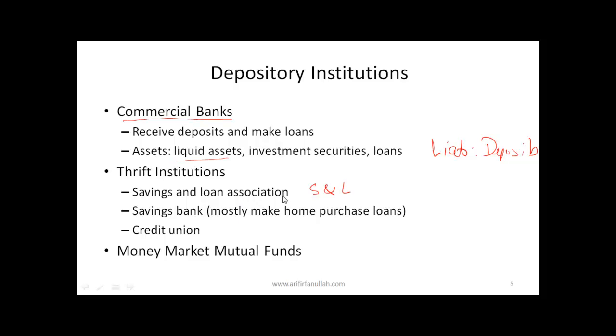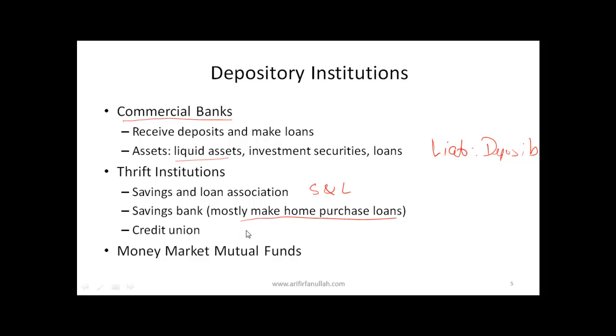A savings and loan association would basically receive deposits and then make various kinds of loans, home loans, car loans, etc., mostly to consumers and less so to corporations, which is the distinction between them and commercial banks. Savings banks are similar, except most of the loans they make are for home purchases.